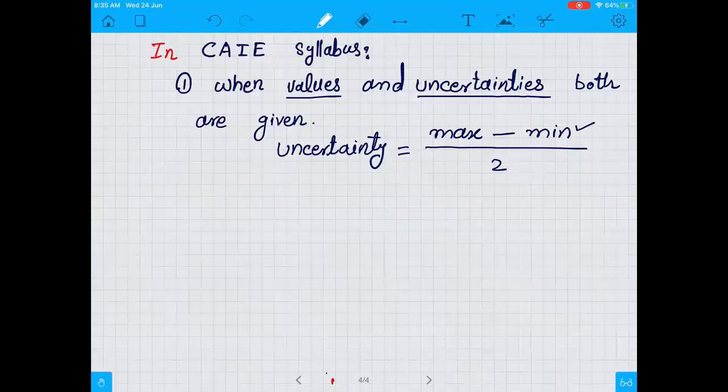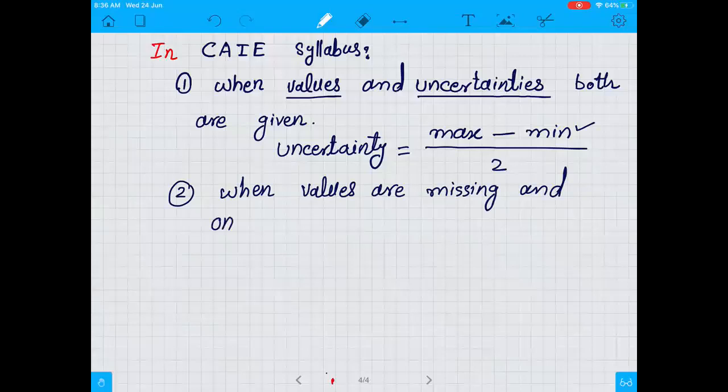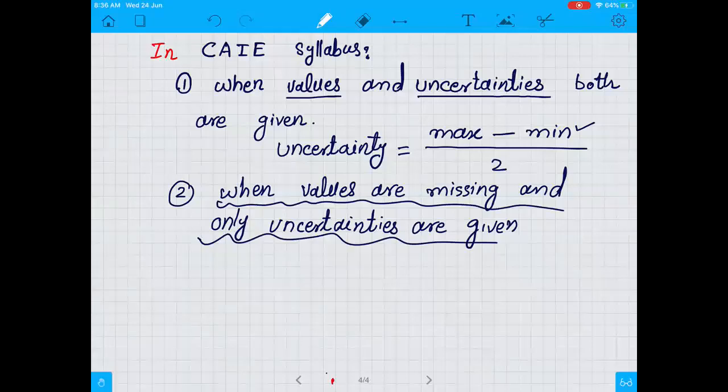However, when values of the quantities are missing and only uncertainties are given, the type of questions in which you are only given the uncertainties and the values are not given, then you cannot apply the formula uncertainty is equal to maximum minus minimum over 2.